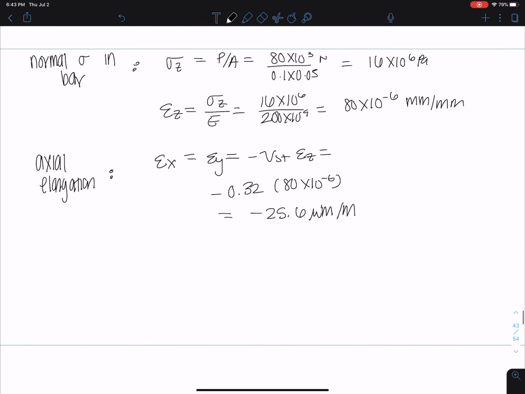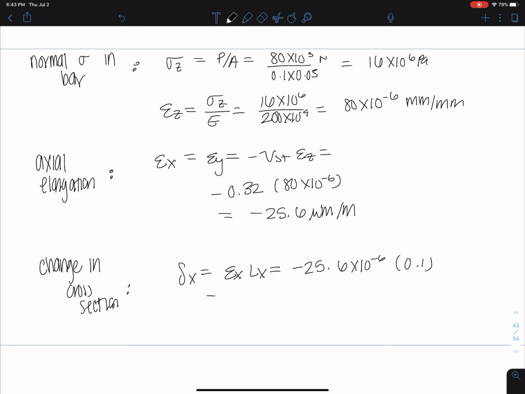Now what we really want is the changes in dimension. So change in cross-section we can calculate from delta x equals epsilon x times Lx, negative 25.6 times 10 to the negative 6 times that initial dimension, and we get negative 2.56 micrometers.